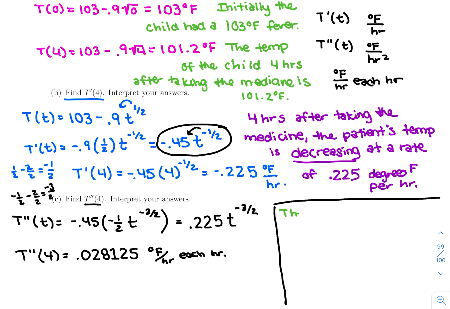I'm just going to write something. Could be temperature, could be rain, could be anything that's changing. So the something is dropping increasingly rapidly.